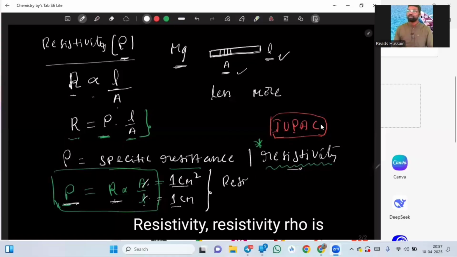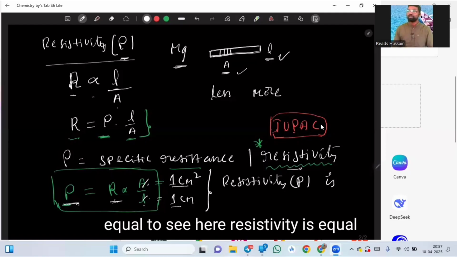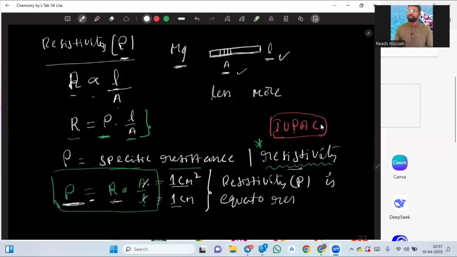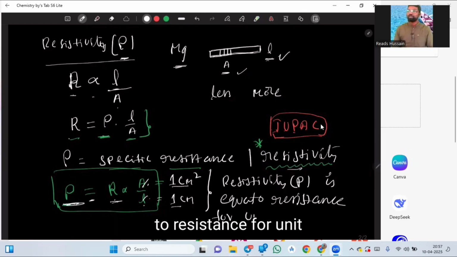So how can we define this? Resistivity is equal to resistance for unit area of cross section and unit length.